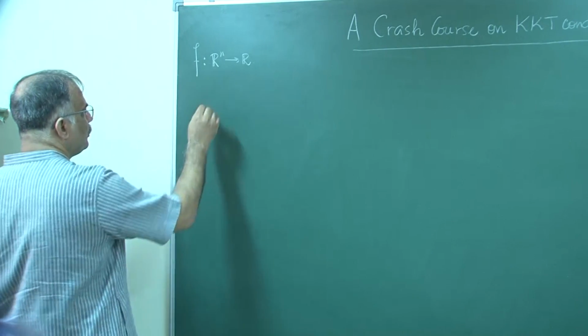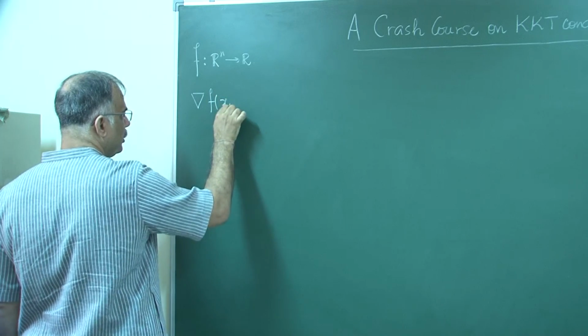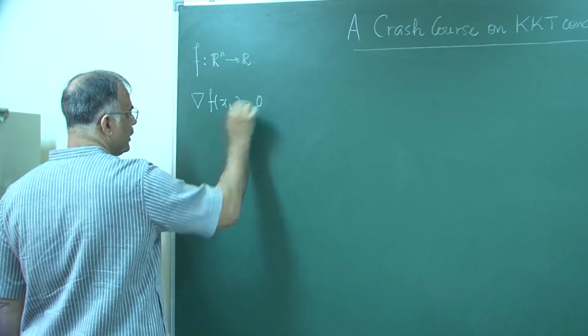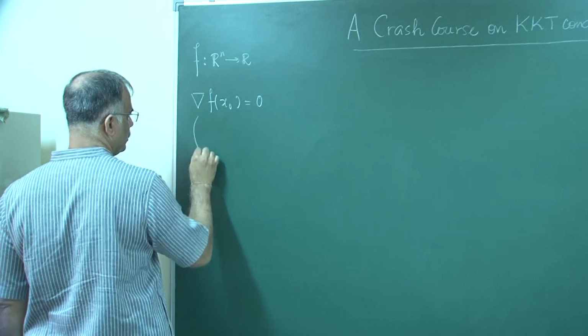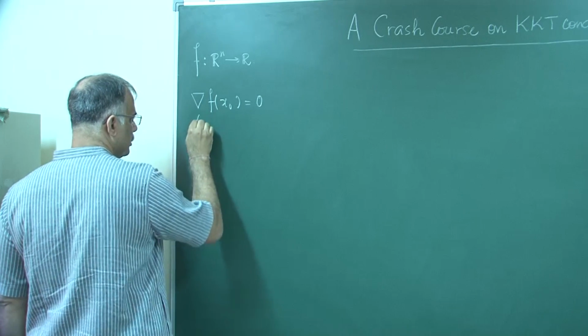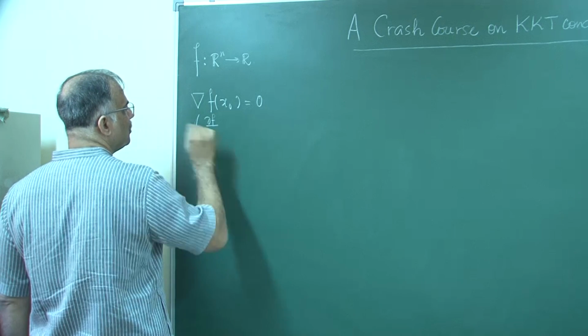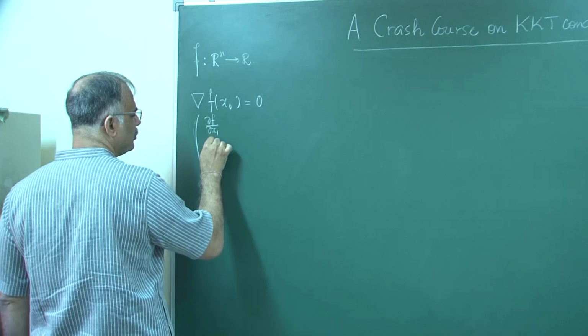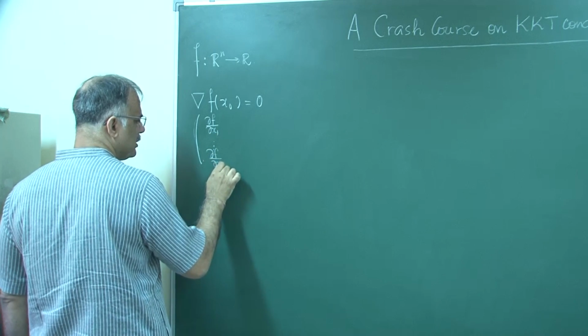In that case, your first step of course is to find a point x naught which satisfies gradient equal to 0. Basically, the gradient simply means the vector of n components, del f del x1 up to del f del xn.